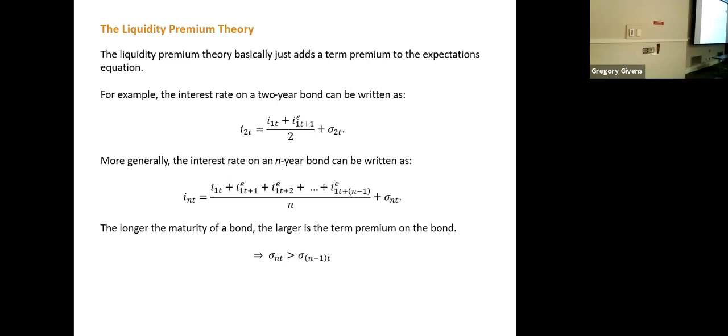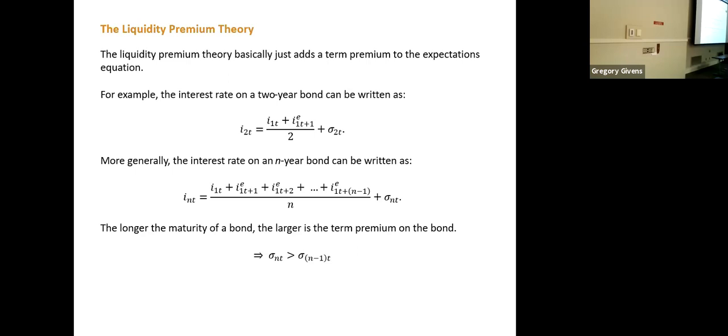So even if investors think interest rates on short-term bonds are going to stay flat forever, the yield curve would still be upward sloping. Why? Because longer-term bonds have a term premium built into them.